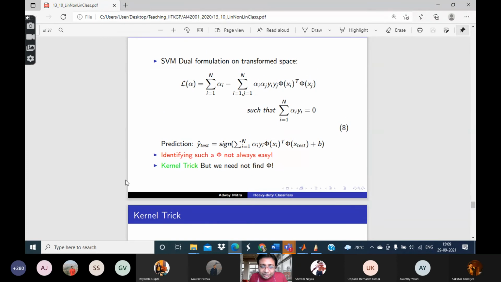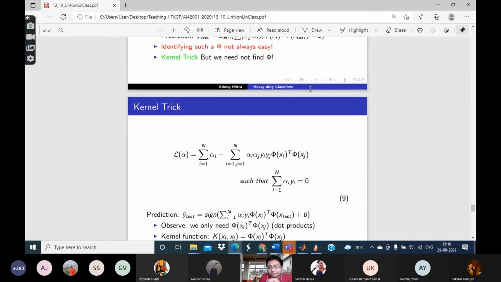That is, even if I do not know what this function phi is, I may be able to come up with a function such that phi of xi transpose phi of xj is equal to some kernel function defined over xi and xj. So that is called the kernel trick.